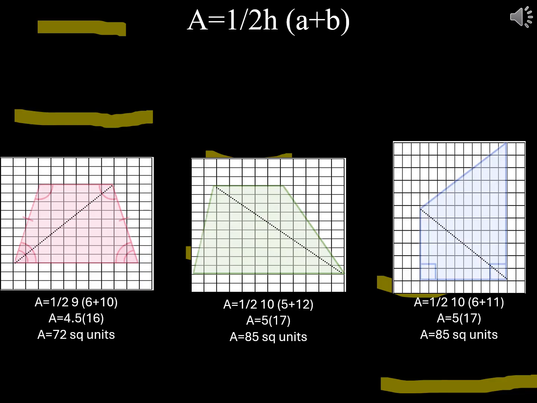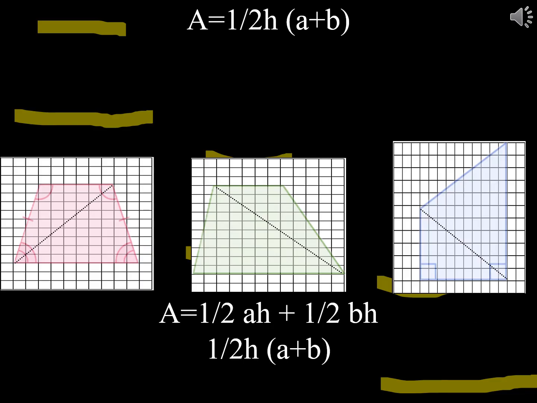This might trick us just a little bit because a lot of times when we look at height, we look at how tall something is, but that h is going to equal the units between your bases. When we count those, we get 10. So our simplified equation is A equals 5 times 17, which gives us 85 square units.